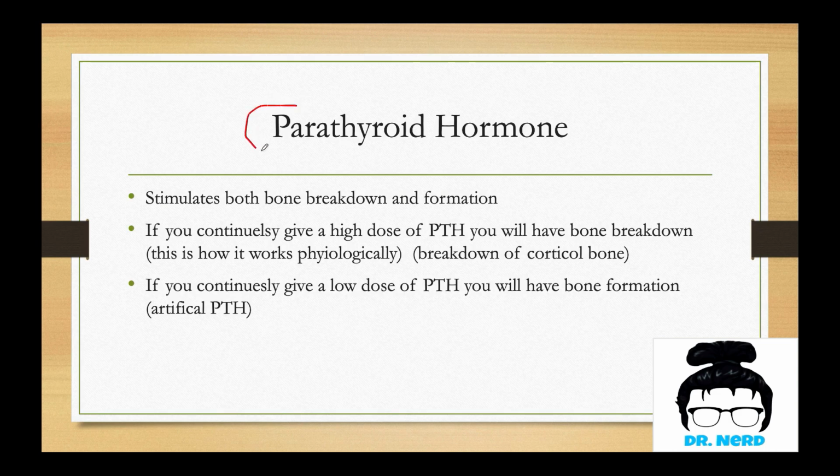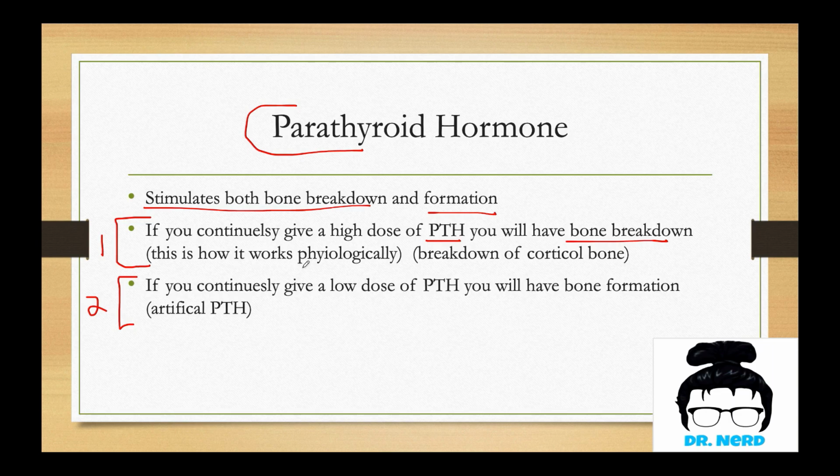So now let's look at parathyroid hormone, PTH, and its role in bone physiology. So PTH stimulates both bone breakdown and formation. So how does that happen? Okay, let's look at two different scenarios. This is scenario number 1, and this is scenario number 2. If you continuously give a high dose of PTH every day, you're going to have bone breakdown.